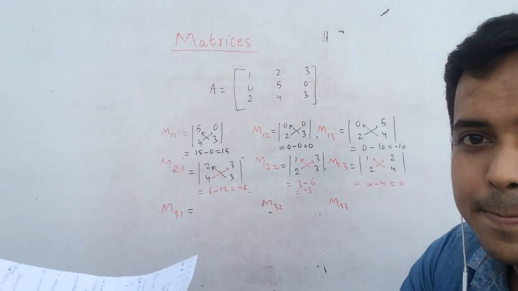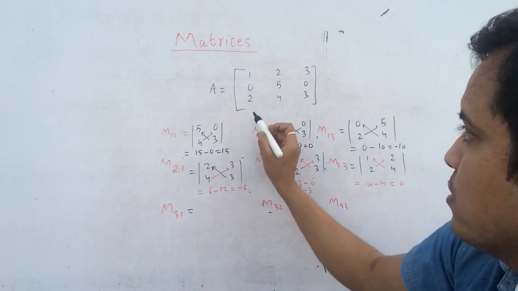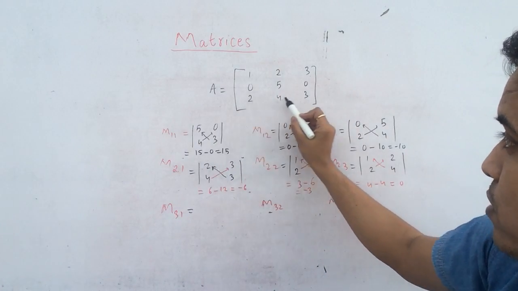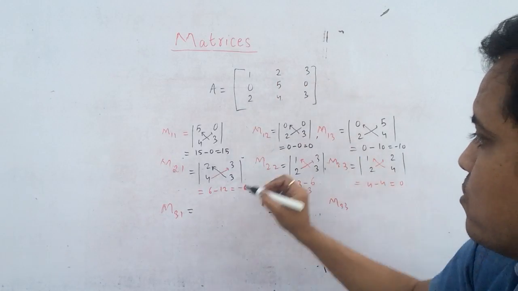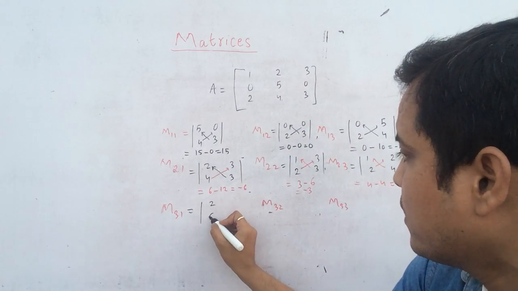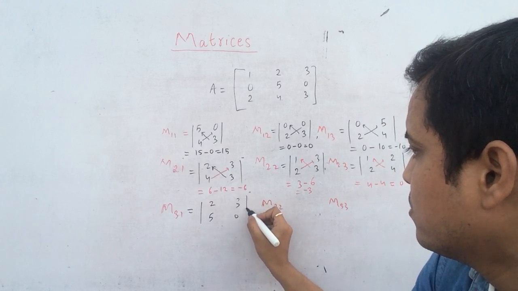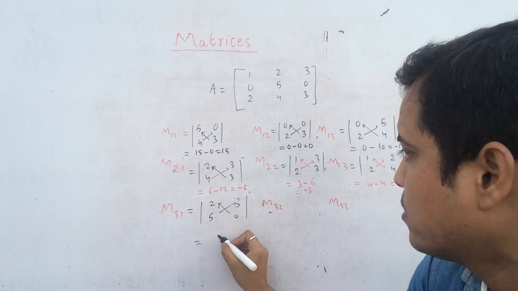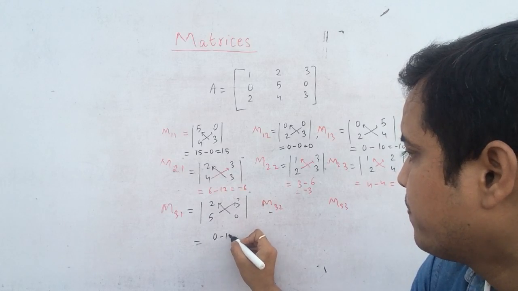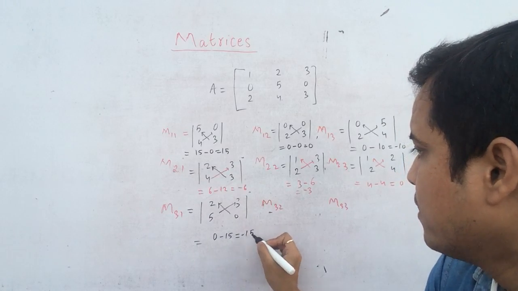Now M31, remove third row and first column, you get 2 5 3 0. Left cross minus right cross, 0 minus 15, it is minus 15.